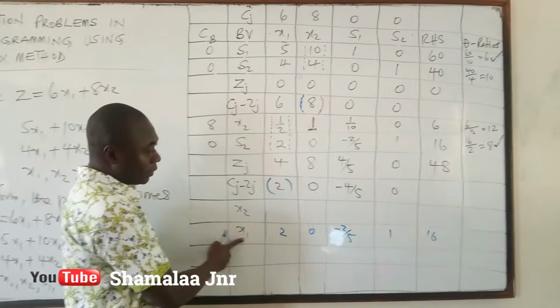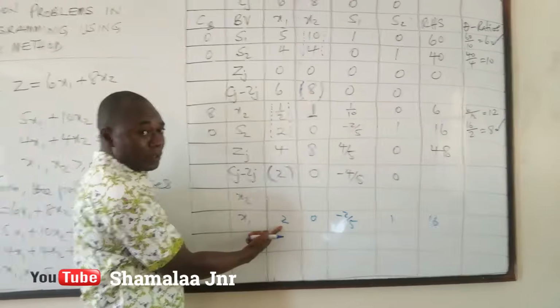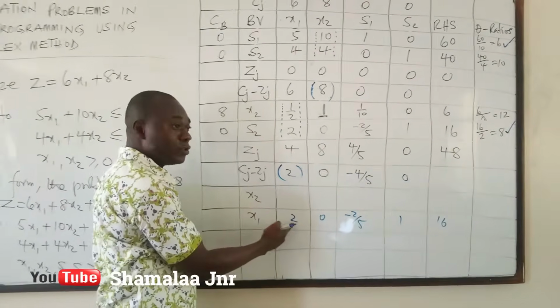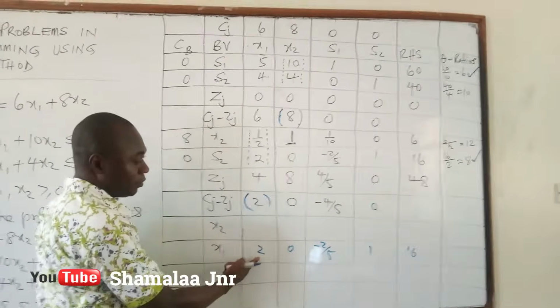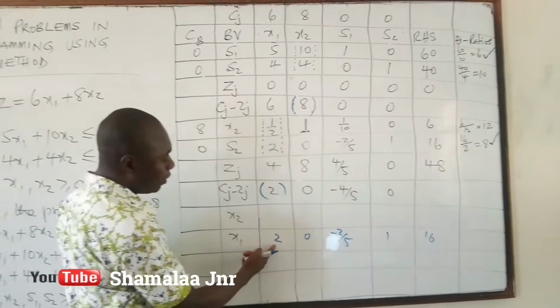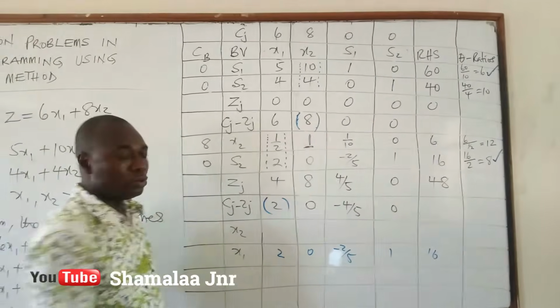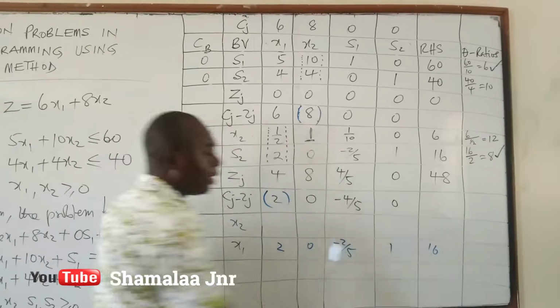X1 is a basic variable. X1 versus itself should be 1, and this one is 2. So clearly something should be done to this 2 to make it 1. As we have seen in similar examples, we can divide through this one by 2 to make it 1. And when you take a decision, you should affect all the numbers in that row.